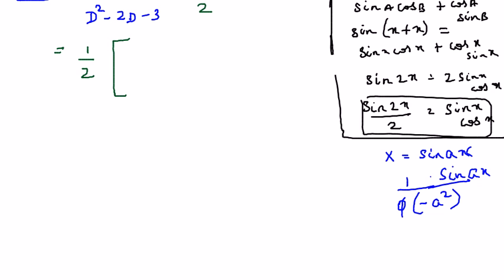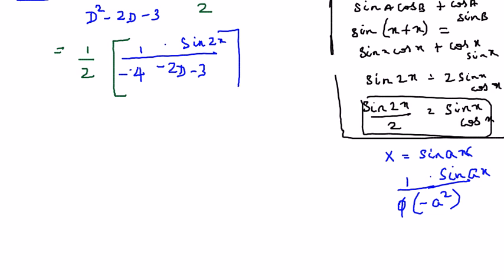That's the formula we are going to use. So it's going to be a function of minus a squared, always remember that. So d squared will now be equal to minus 4, right? Because it's minus a squared, and write minus 2d minus 3 as it is into sine 2x.